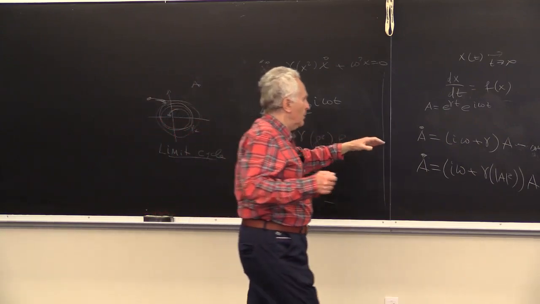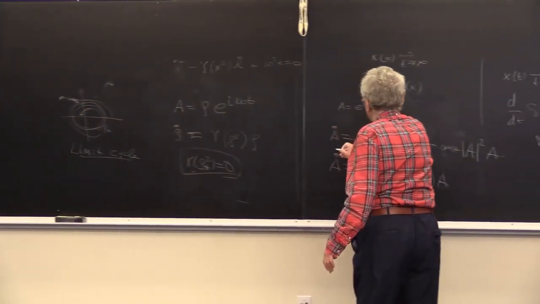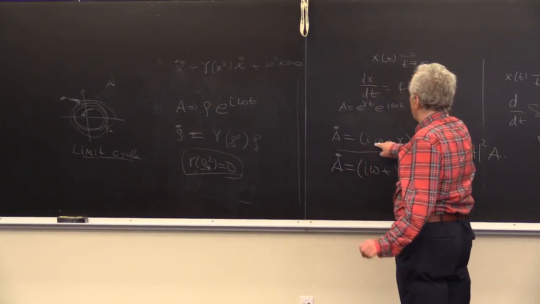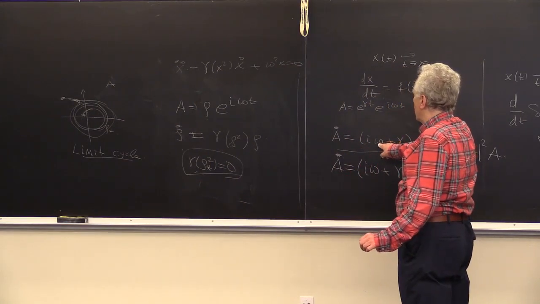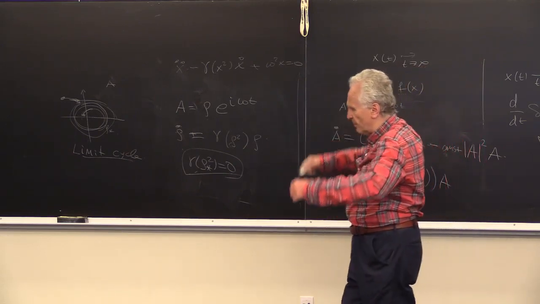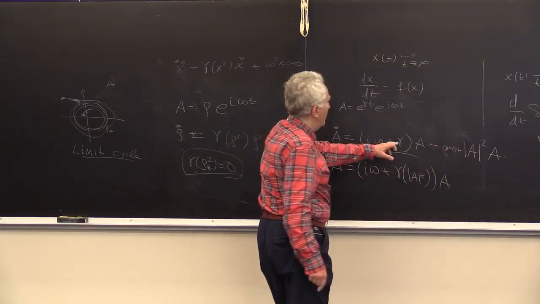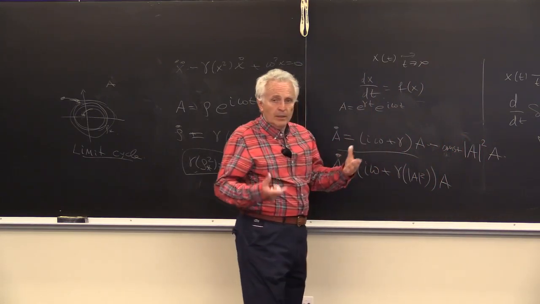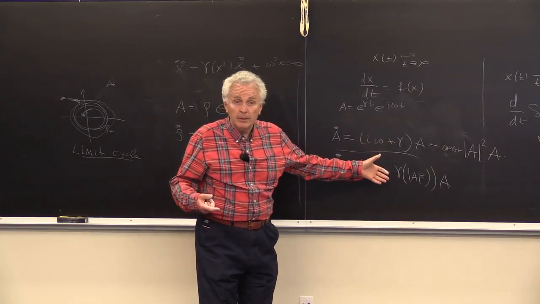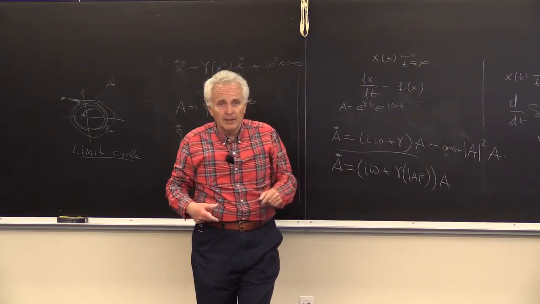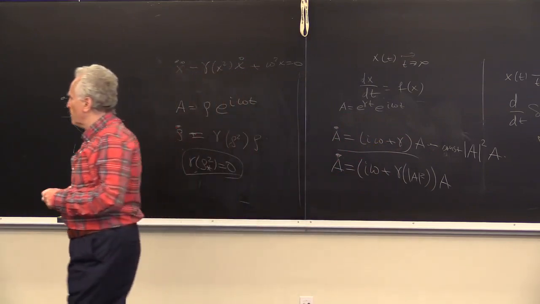Qualitatively speaking, you have a mode of oscillation with given omega, which is unstable, gamma positive, it blows up exponentially, but the increment of instability depends on the amplitude, and it becomes negative if the amplitude is too large.